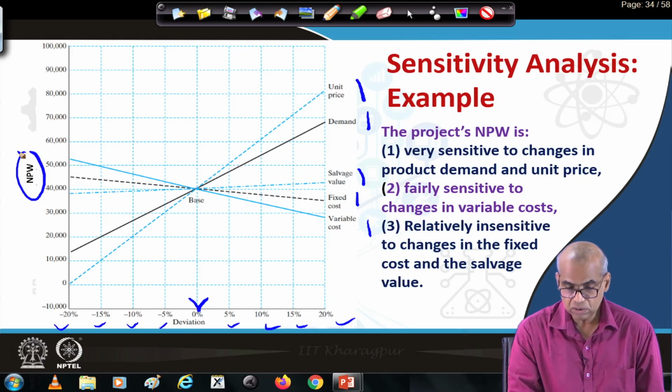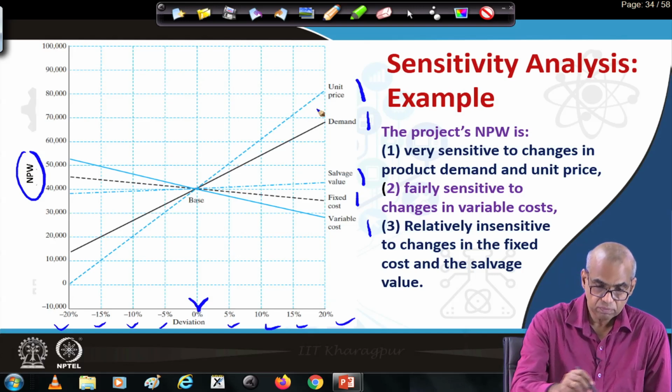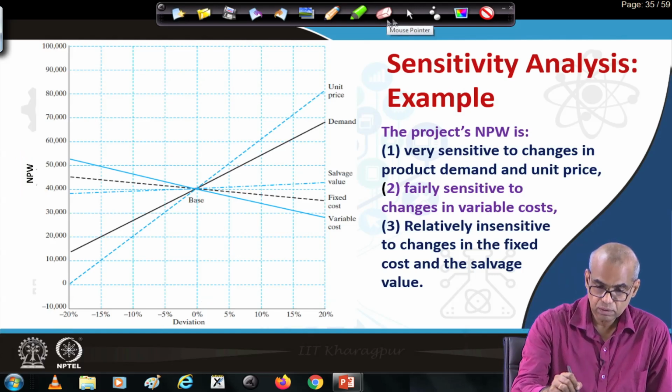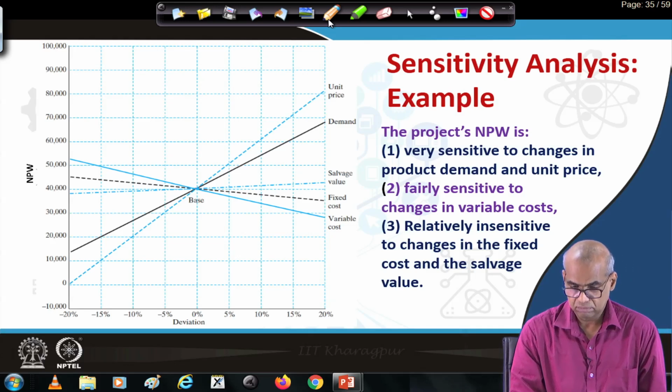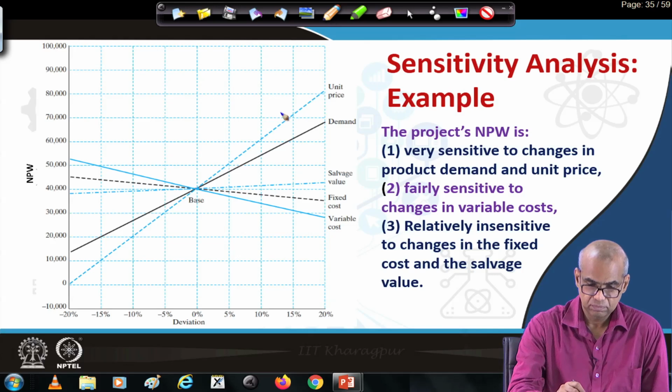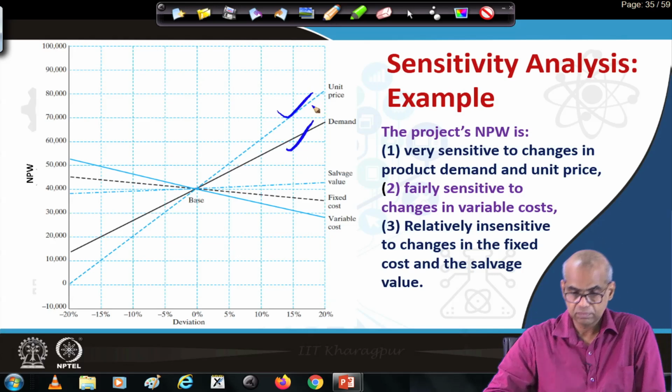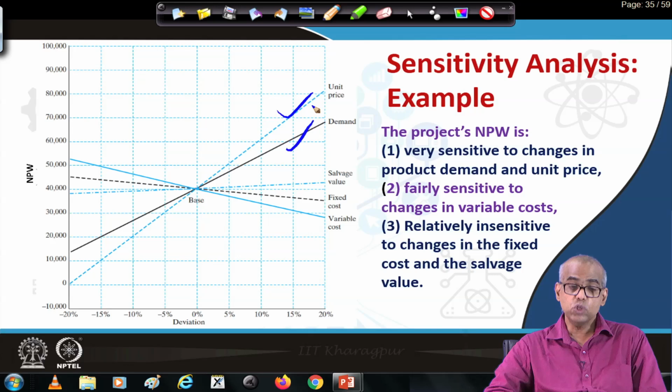If you look at the plot, you see that for unit price and unit demand, the net present worth is very sensitive.